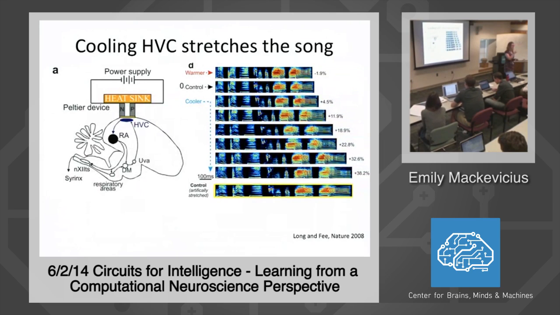Firing of HVC neurons is also repeatable to within just a few milliseconds. And if you want to induce changes in the song, so I talked before about targeting parts of the song with white noise, you can induce changes that are very localized to specific points in time. So it's a very precisely timed behavior.